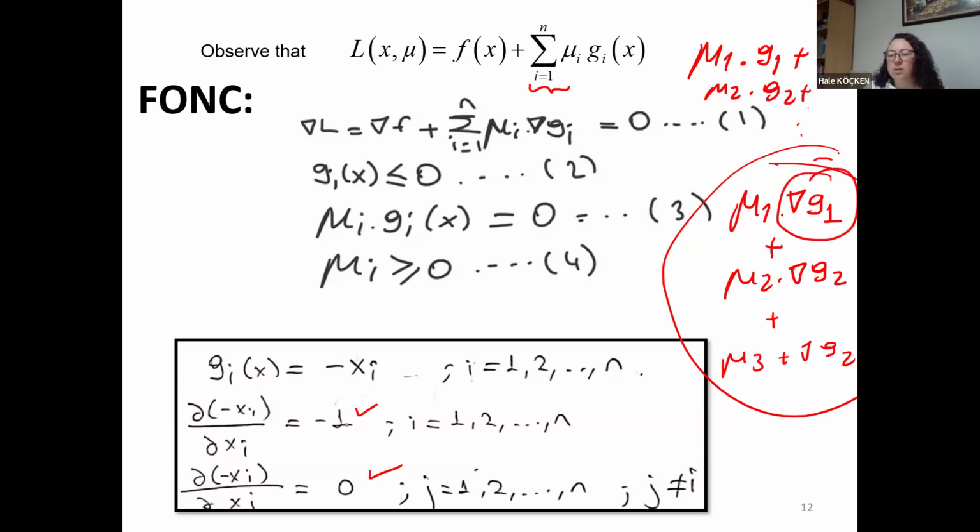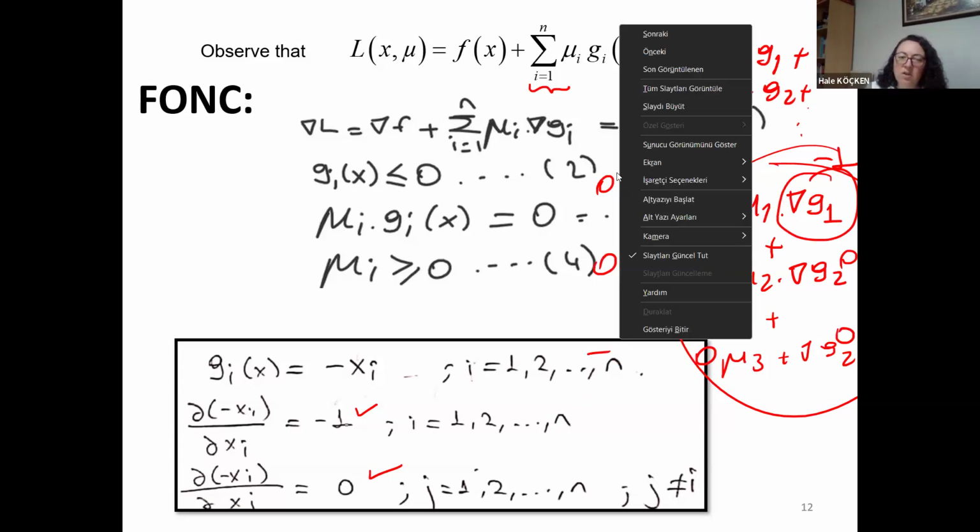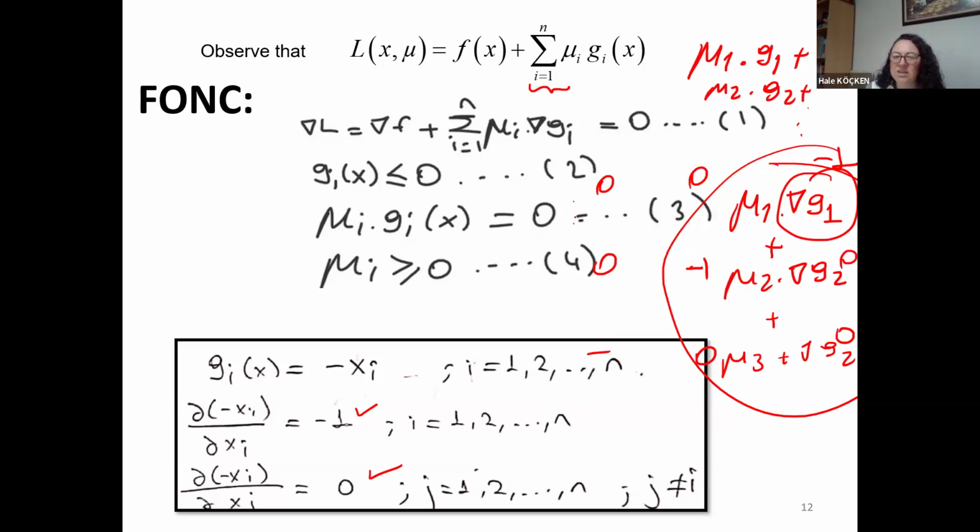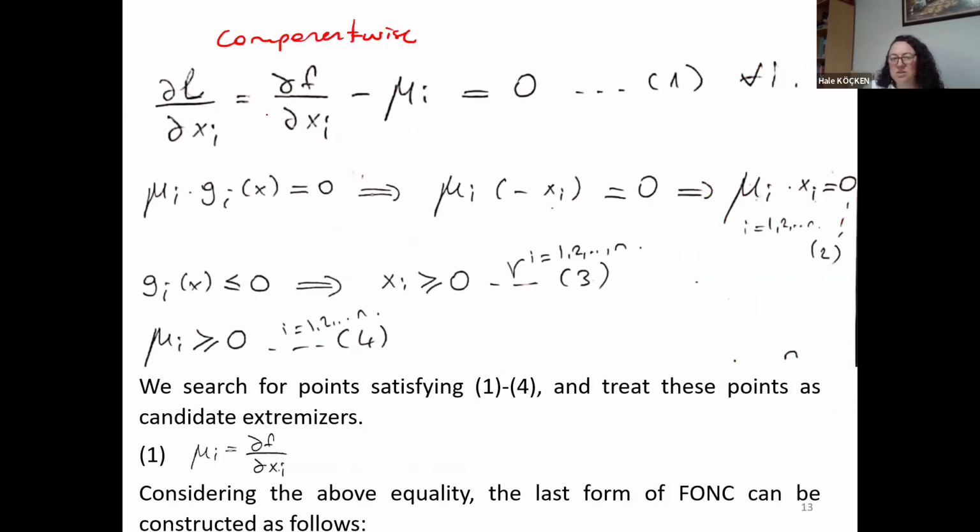Then this one will be -1, but the rest will be 0 for x1. For x2, this one will be -1, but the rest will be 0. So the same idea shows that for each xi derivative, you have df over dxi as the derivative of the objective function, but only one mu i with a coefficient of -1, because the rest drop with 0 coefficient. So you get this equation.